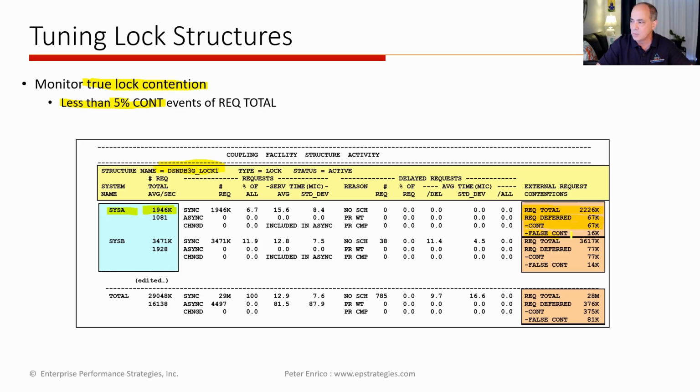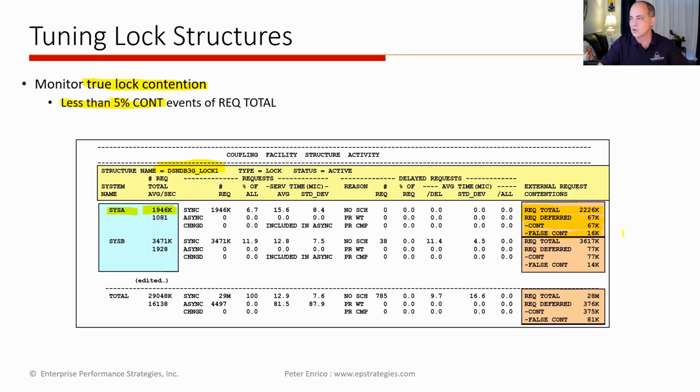The final number we have is how many of those actually resulted in false contention. The contention event number that we give here, the 67,000, includes both real contention plus false contention. The false contention is just false contention. So if we delta these two numbers against each other, we now know that there are 51,000 real contention events versus 16,000 false contention events.